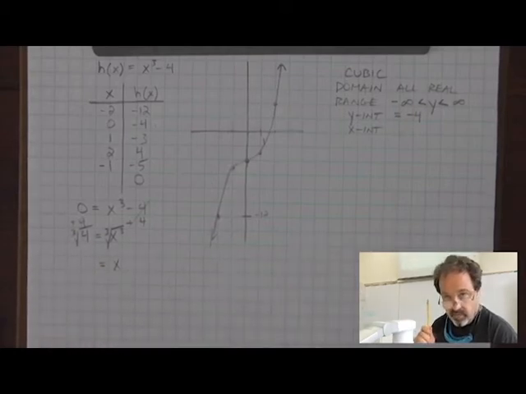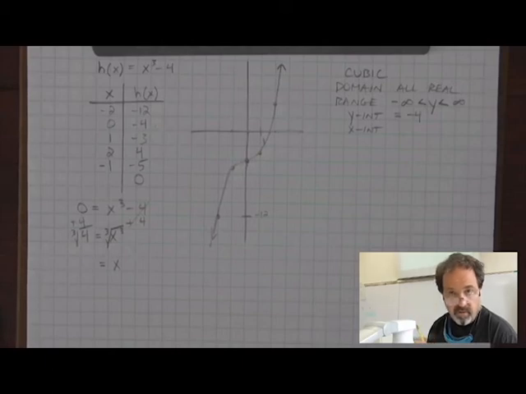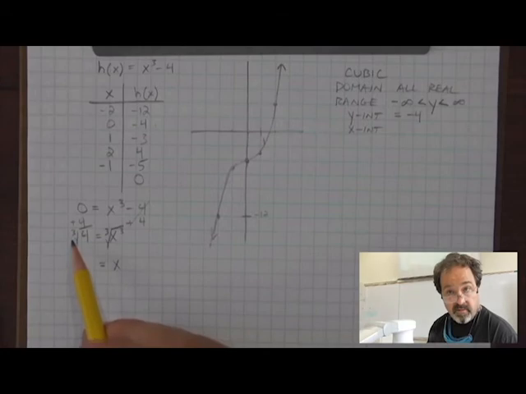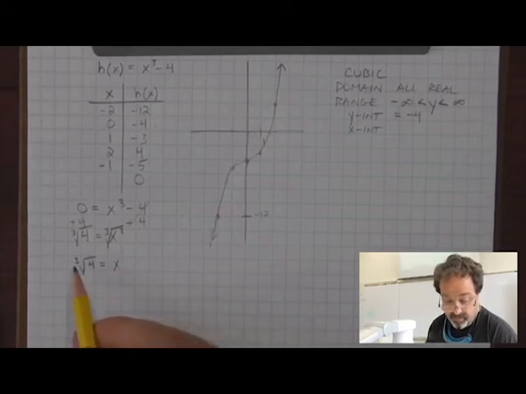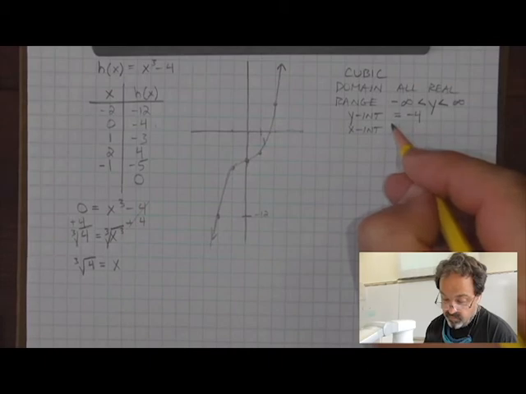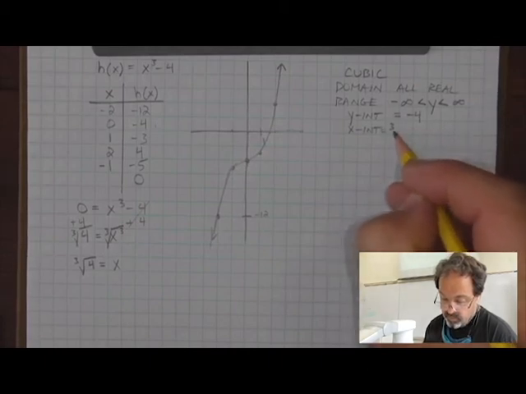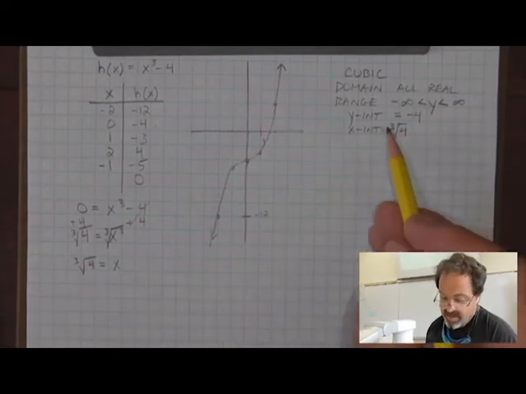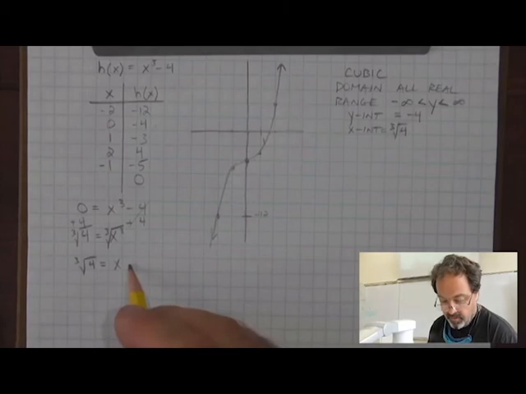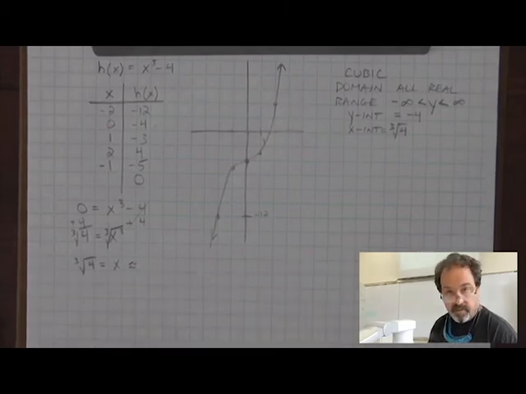I don't know what that is in my head. I can't figure it out. I'll need technology in order to approximate this. I could express it exactly as the cube root of 4. The x-intercept is found when x is equal to the cube root of 4. If I want to get a number for the cube root of 4, I'm going to need technology to approximate it.